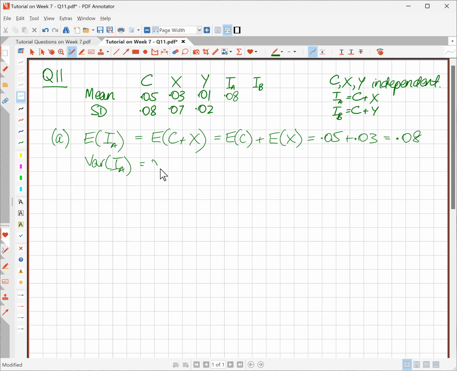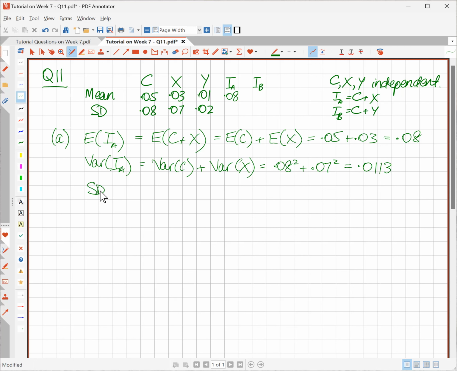So we'll take the variance of C plus the variance of X. So we're going to have 0.08 squared plus 0.07 squared, and that gives us 0.0113. Now that's the variance.